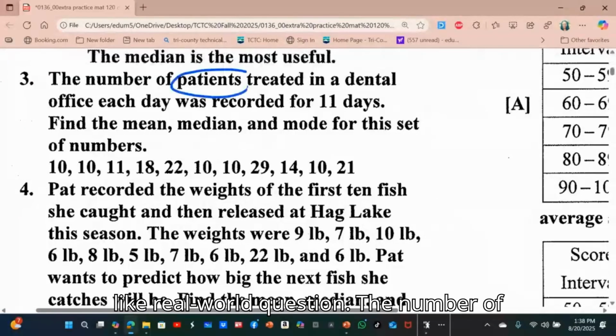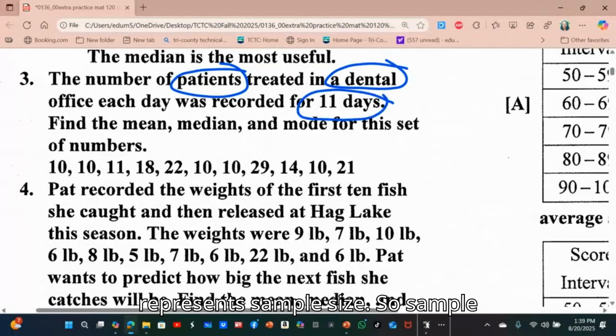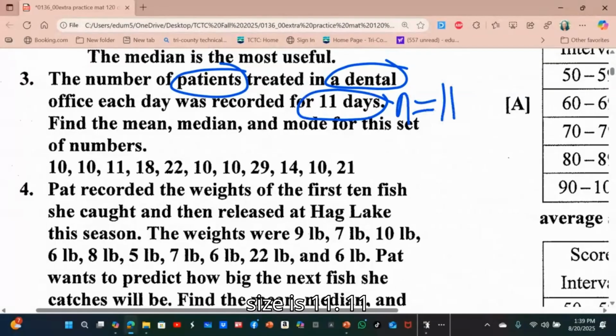I like real world questions. The number of patients treated in a dental office or hospital each day was recorded for 11 days. So this 11 days represents the sample size. So sample size is 11.